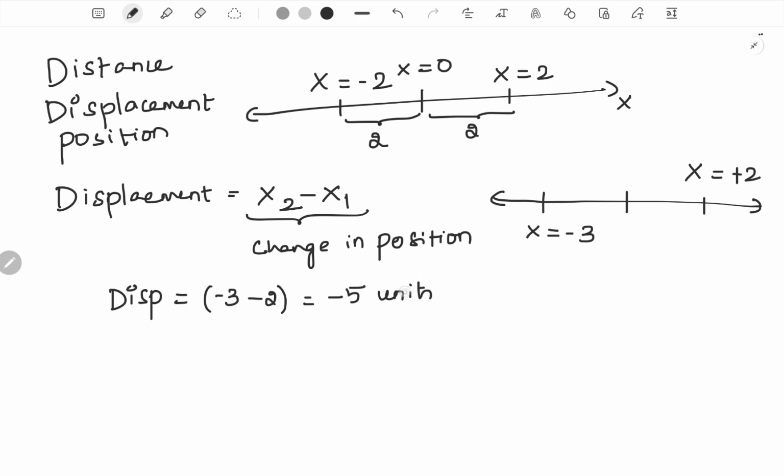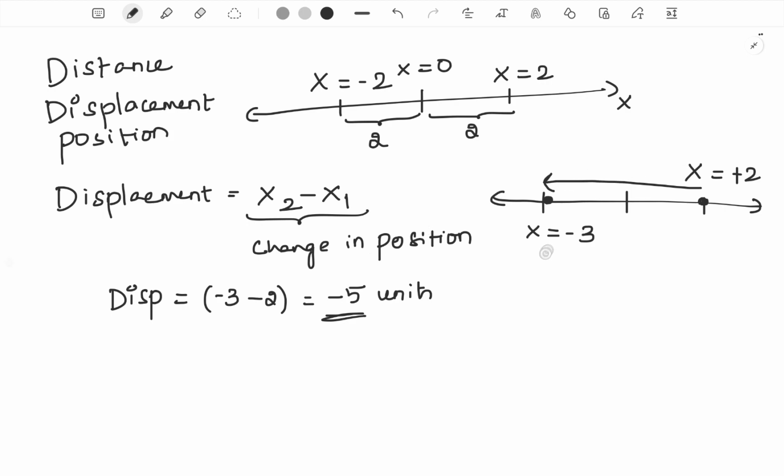Those units could be anything, depending on the units of length that we choose. So what does this 5 units basically represent? This minus 5 tells that the particle started at one position and finally ended at a position which is 5 units from the initial position, and that final position is to the left of the initial position. The minus represents that the final position is to the left of the initial position.